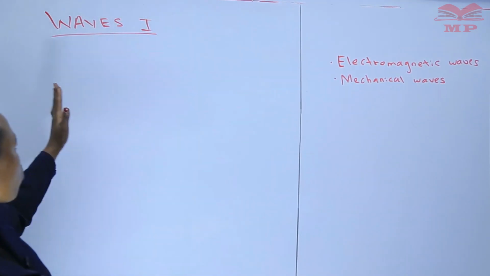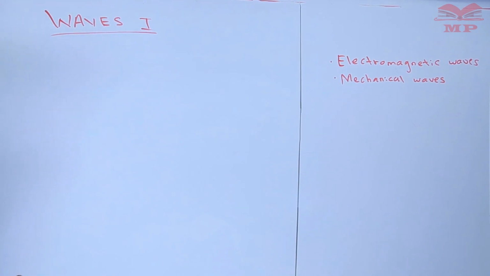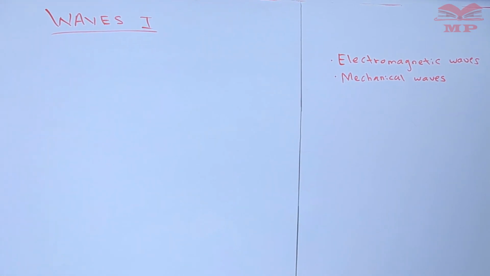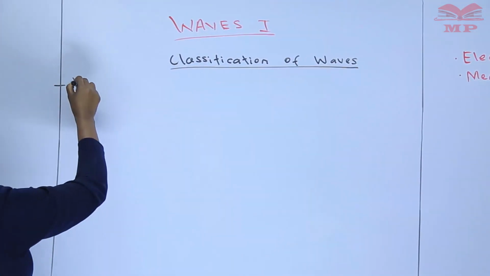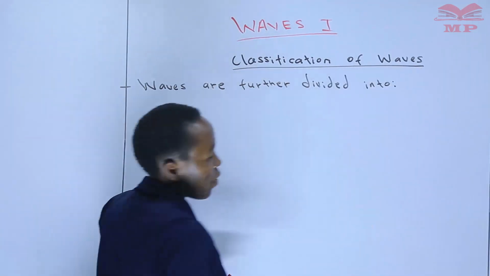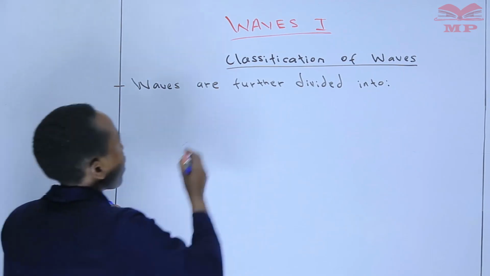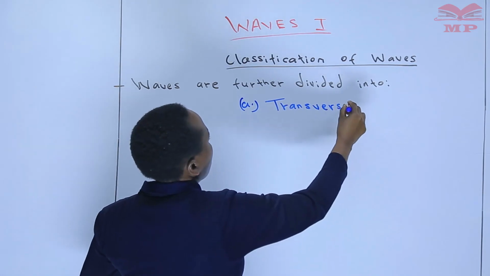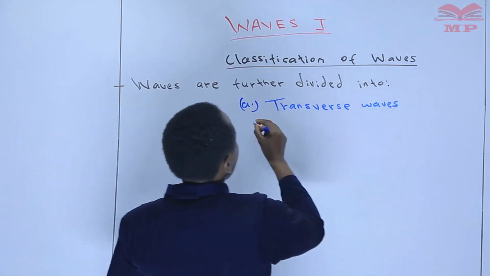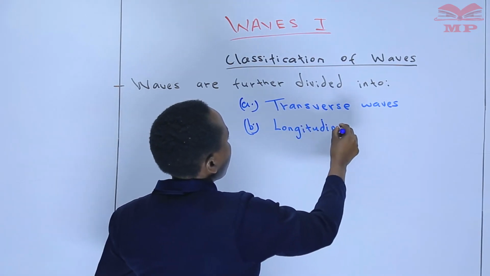And therefore, in our lesson today, we look at how waves are further divided into two, that is transverse and longitudinal. So we are still in classification of waves, and we are saying that waves are further divided into A, transverse waves, and B, longitudinal waves.